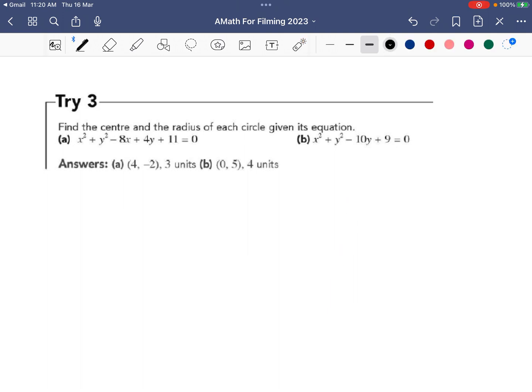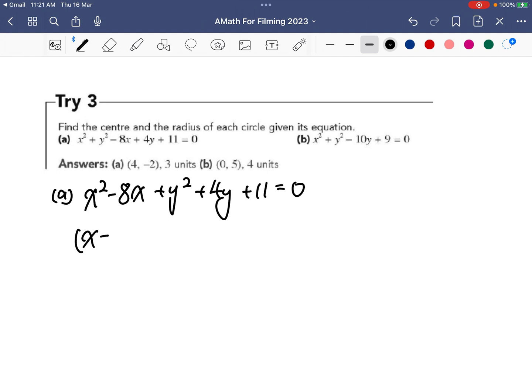Okay, for part A itself, if I start to complete the square, I get x squared minus 8x plus y squared plus 4y plus 11 is equals to 0. Here I get (x minus 4) squared minus 16 plus (y plus 2) squared minus 4 plus 11 is equals to 0.